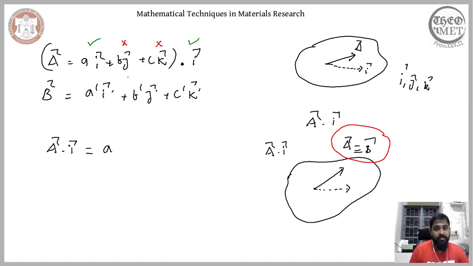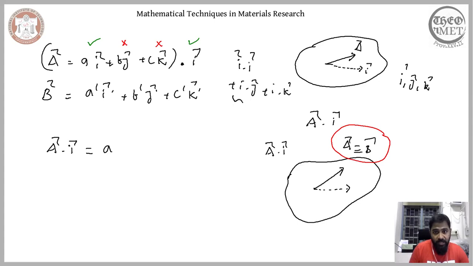The reason the rest of the terms vanish is because when I consider the product, the first term gives me I dot I, the second term gives me I dot J, and the third term gives me I dot K.